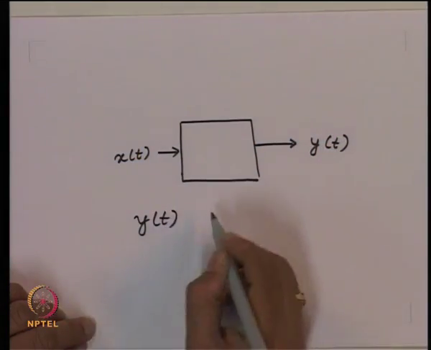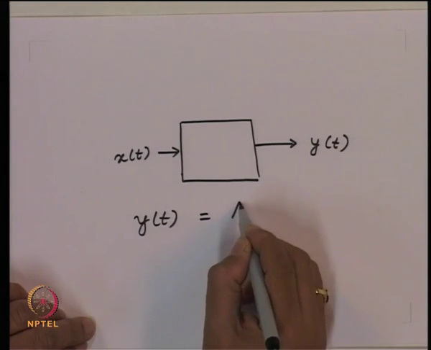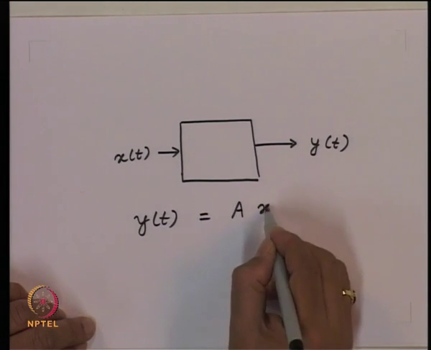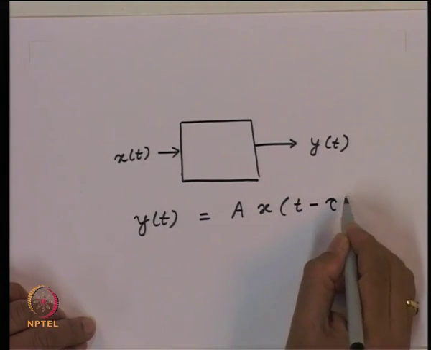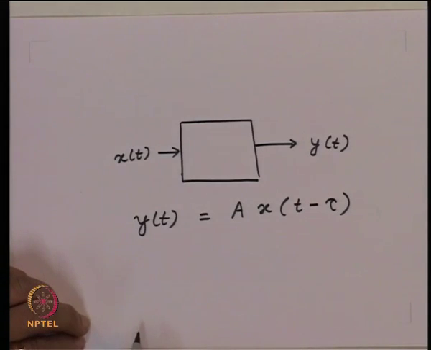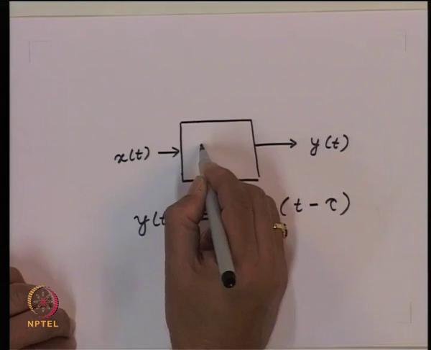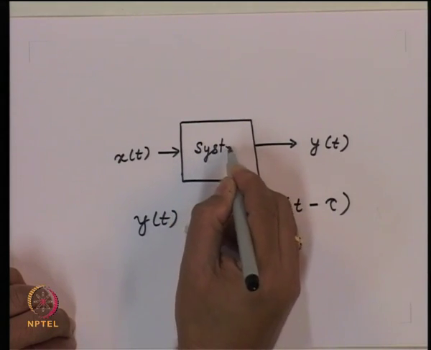What that means is that if the signal y of t is a times x of t minus tau, if we get that, then we say my system is a distortionless system.